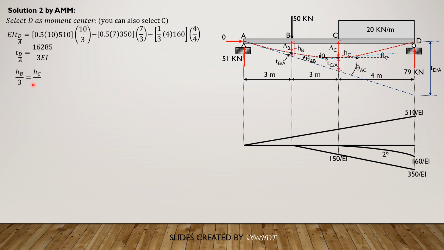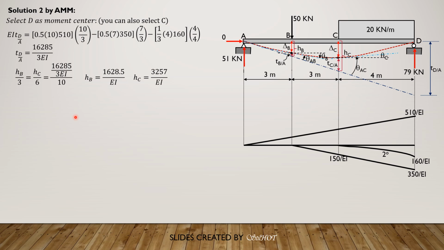So from the figure, H sub B over 3 equals H sub C over 6 equals the deviation of D relative to A over 10. So 16285 over 3 EI over 10. So H sub B is equal to 1628.5 over EI.